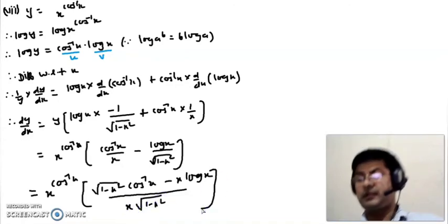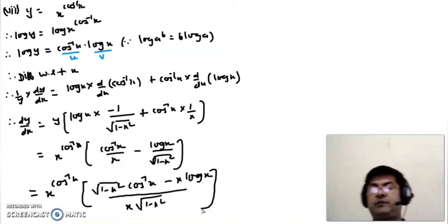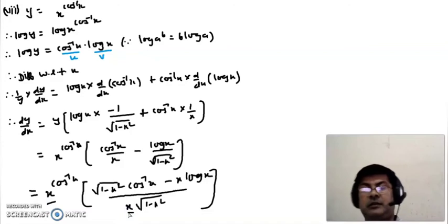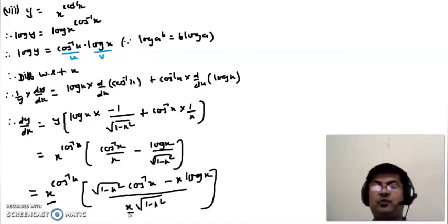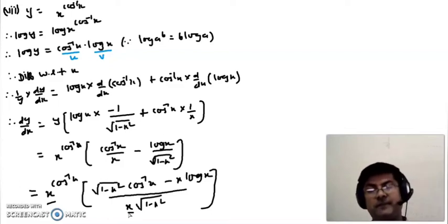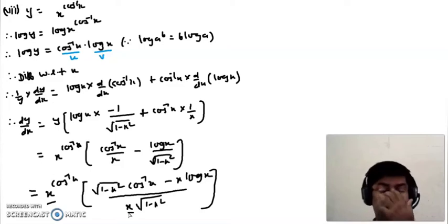Further one more step, x raised to cos inverse x minus 1 we can write, because base x is common, yes or no. Therefore x raised to a upon x raised to b is equal to x raised to a minus b. This formula we can apply, and further one more step can be simplified here. So question number 7 is over.